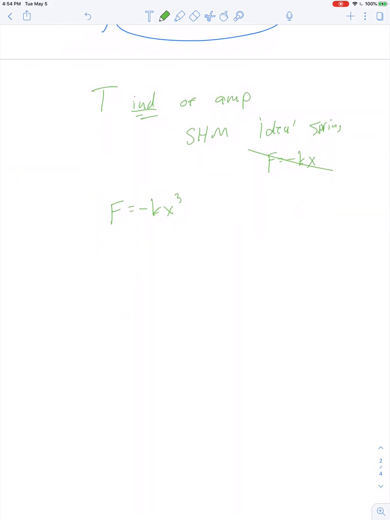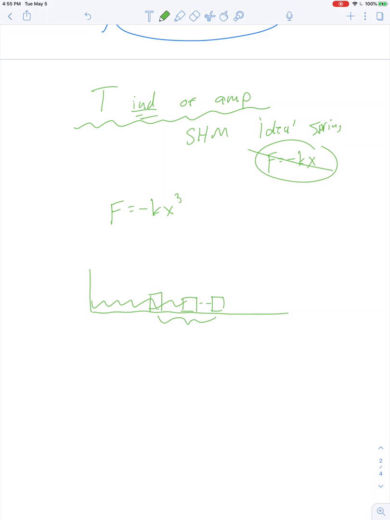So I guess the idea behind period and amplitude being independent of one another, a lot of folks would think, even in the case of the ideal spring, that it must take more time to oscillate in case number 2 than it does in number 1, if in case number 2 the object has a greater distance to travel.